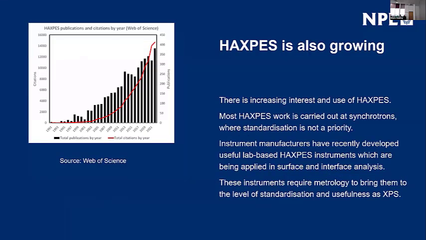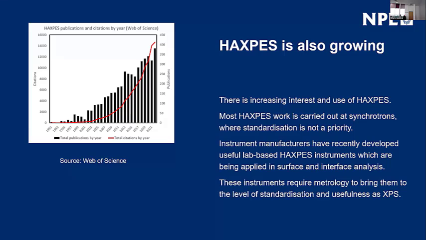Okay, so here's a similar graph for HAXPES. I want to thank David Cant from NPL for putting this one together. So this tracks publications and citations. And so it's increasing. It's not quite the exponential curve of XPS, but I think that's because supply is limited.